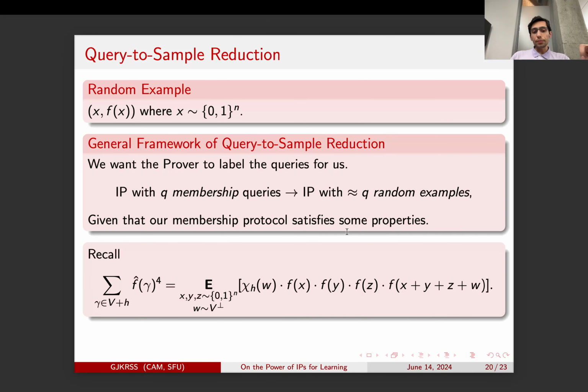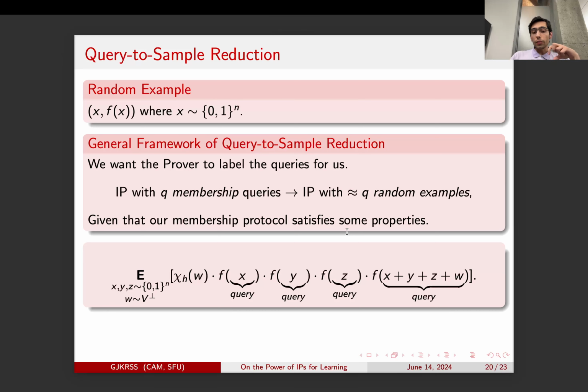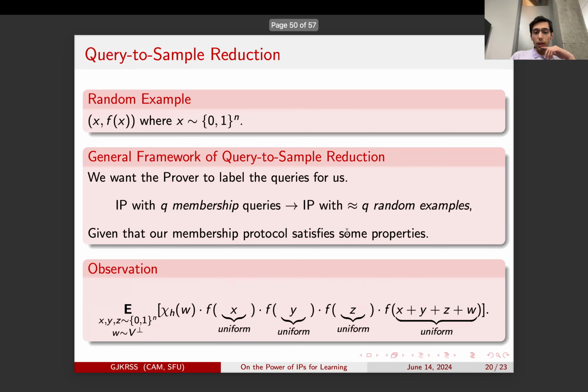So recall that to find the largest coefficient in a given coset, we use the equality that can be expressed by this expectation. So what we query are these points, x, y, z, and x plus y plus z plus w. And we make this simple observation that these queries have uniform marginal distributions.